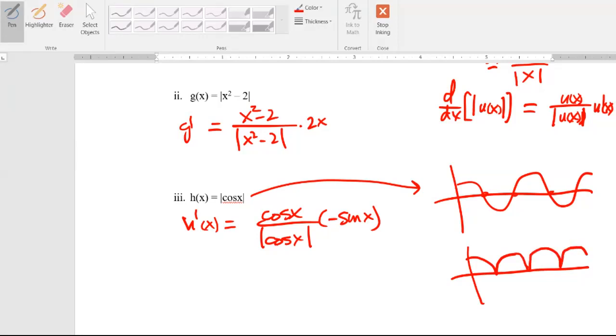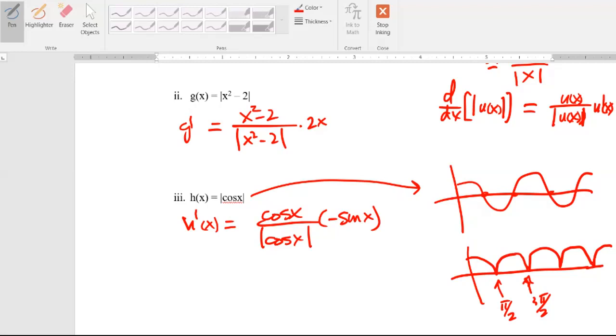So you're seeing this function here. And every place that has one of these points here, these cusps, these occur at odd multiples of pi over 2. First one at pi over 2, next one 3 pi over 2, etc. Okay, so that's what that function looks like.